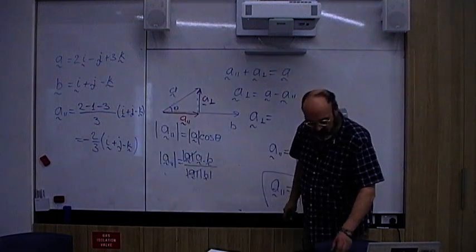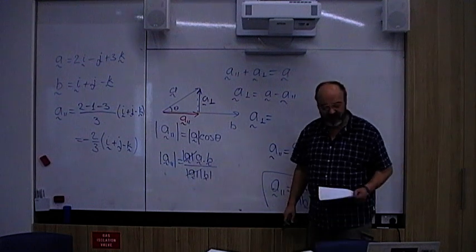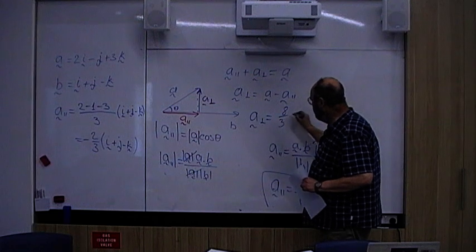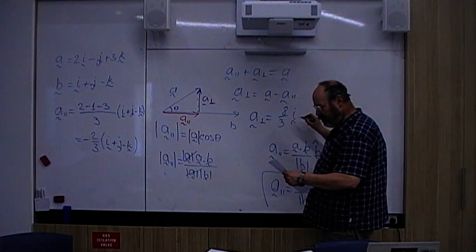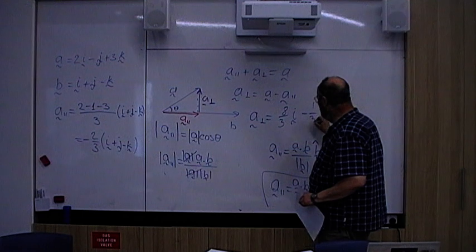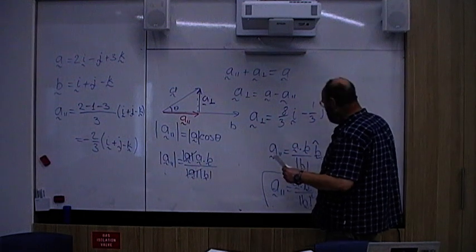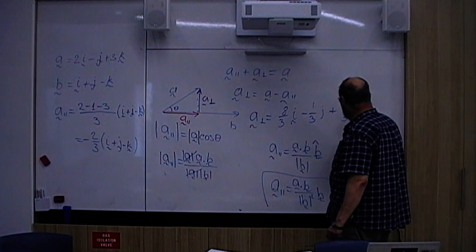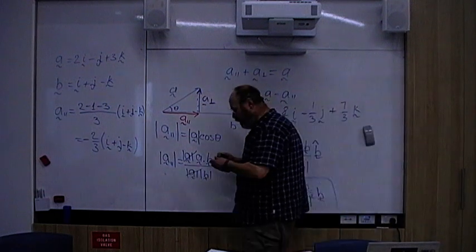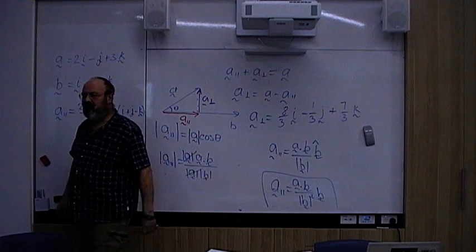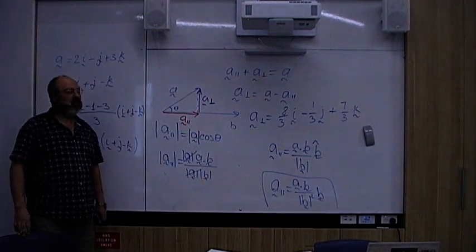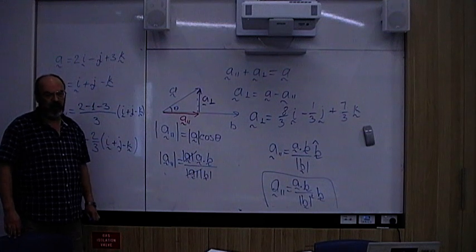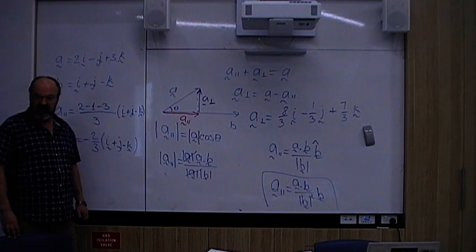Tell me what will be the answer. 8 on 3 i, minus 1 on 3 j, plus 7 on 3 k, yes, well done. So that will be the vector resolute of A in the direction perpendicular to B. Make sense?